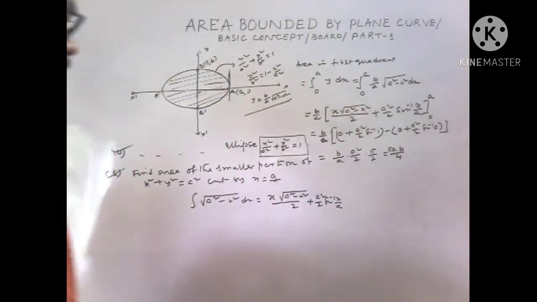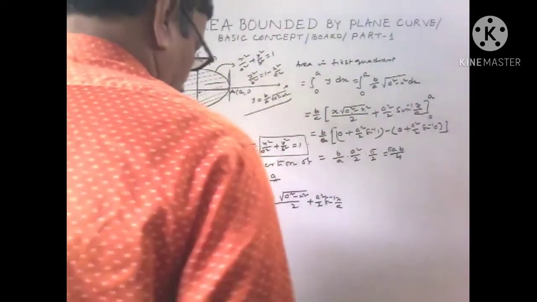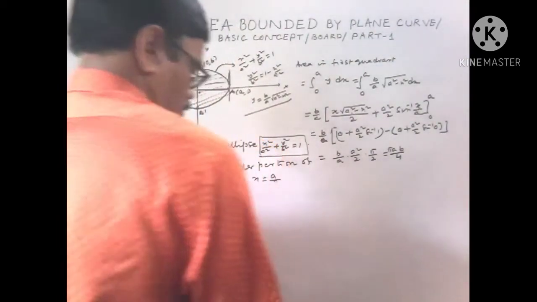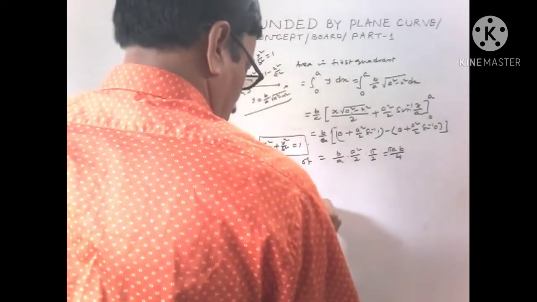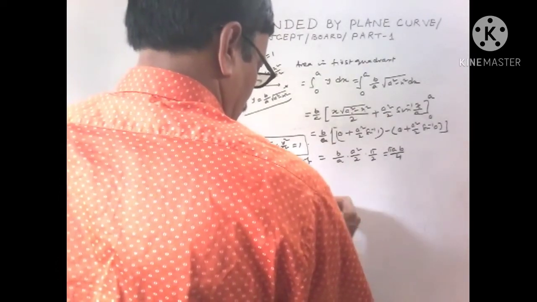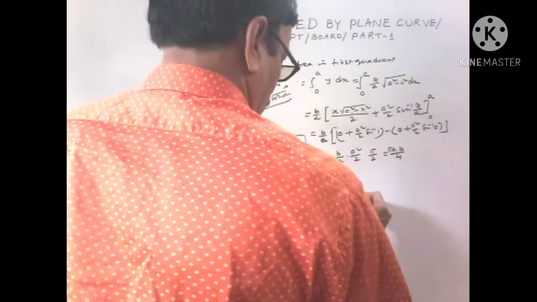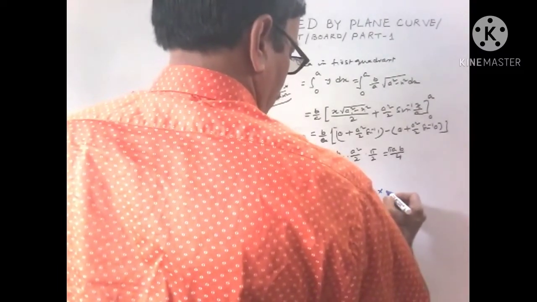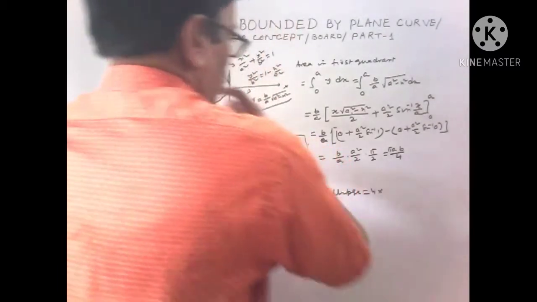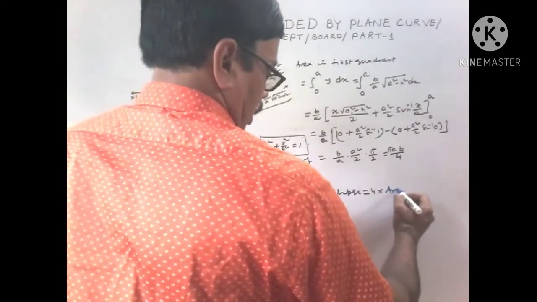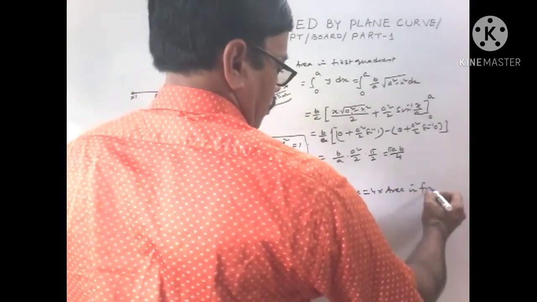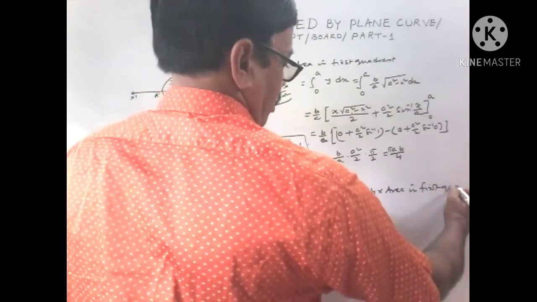Now the area of the ellipse, due to symmetry. What is the area of the ellipse? So area of ellipse equals to 4 into the area in the first quadrant.